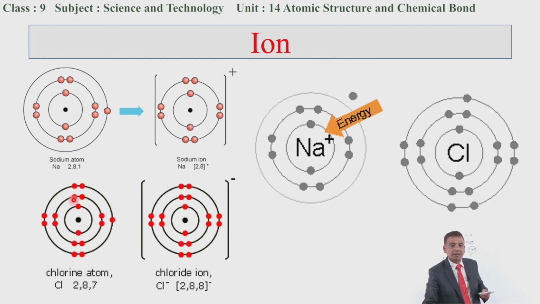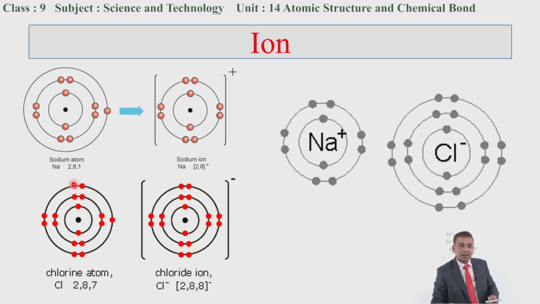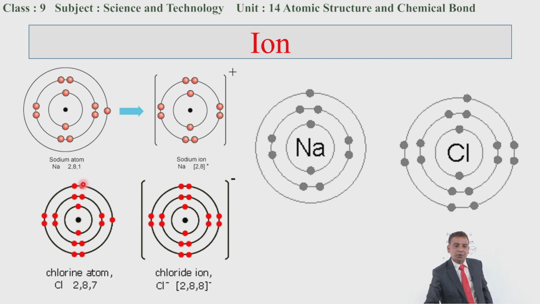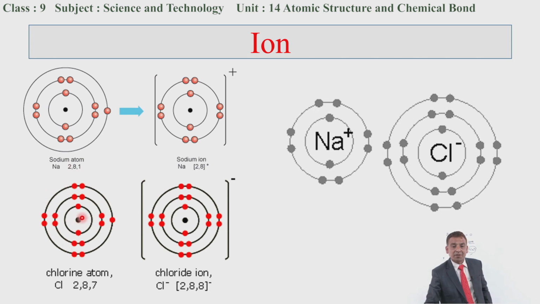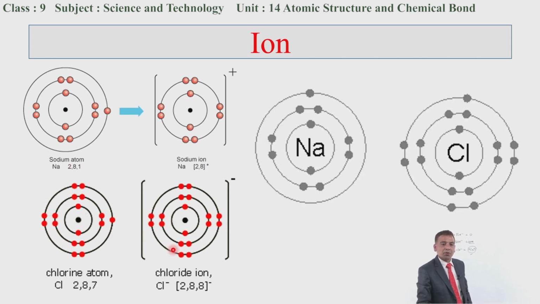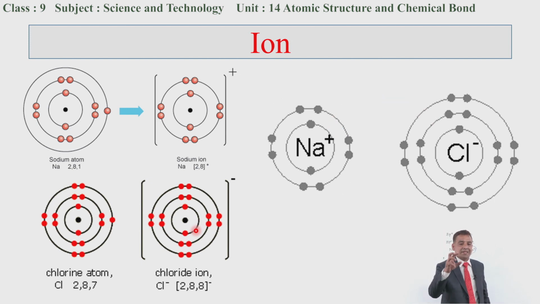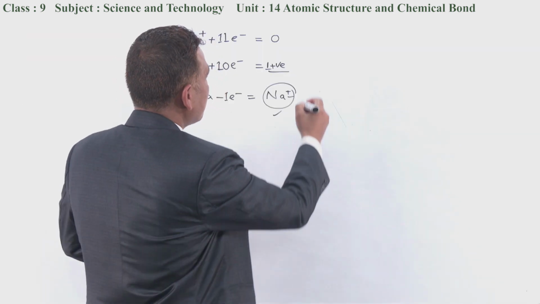Similarly, in the structure of chlorine, there are altogether 7 electrons in the valence shell. You can count 2, 2, 2, that is 6, and this is 1, so 7. But when chlorine gains 1 electron, it will acquire the octet state. We can calculate it this way.